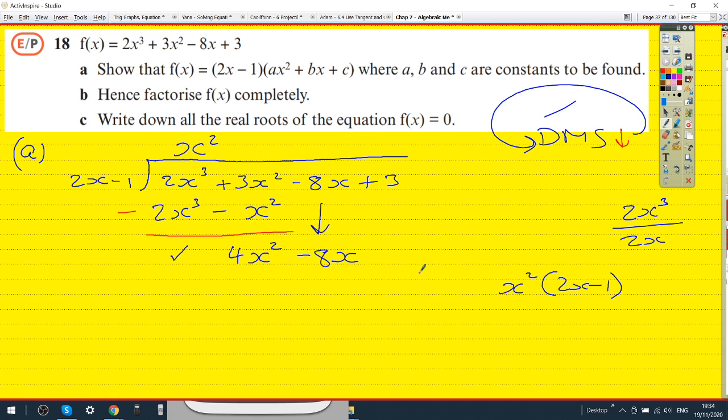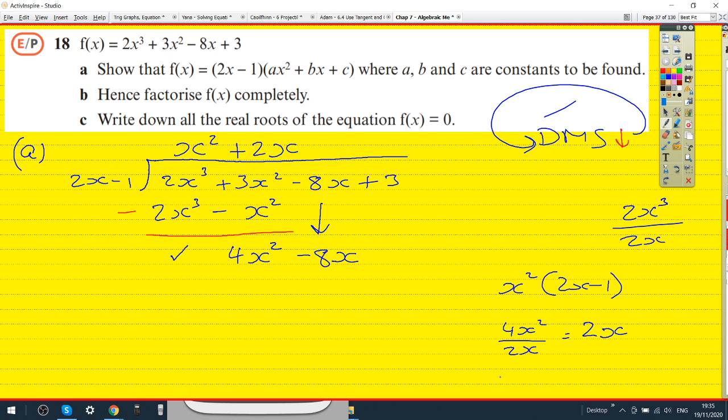Then you divide 4x squared by 2x, which gives you 2x, just 2x. And then you multiply 2x by 2x minus 1.